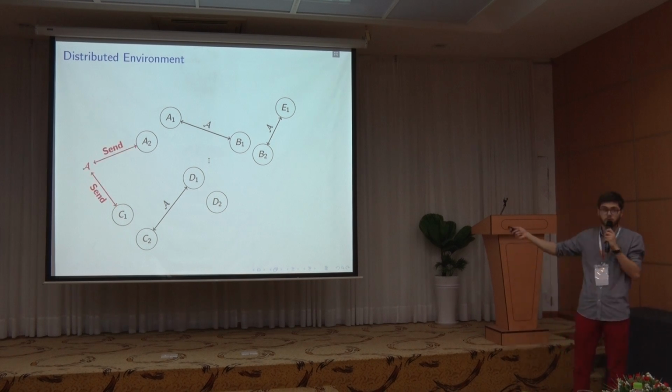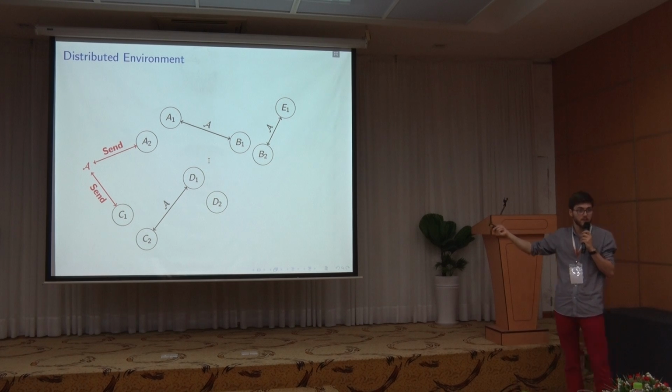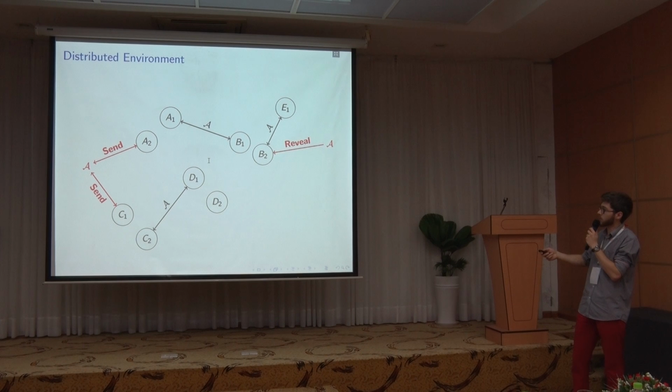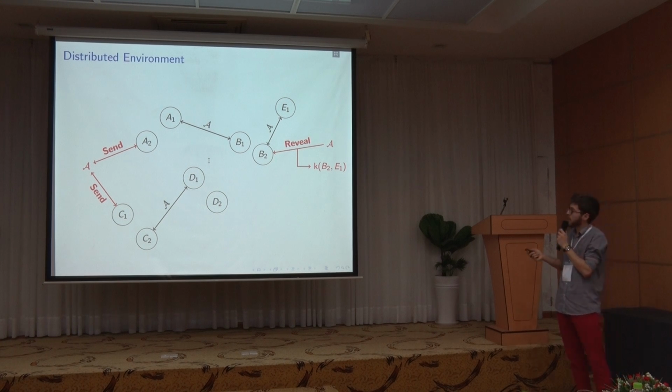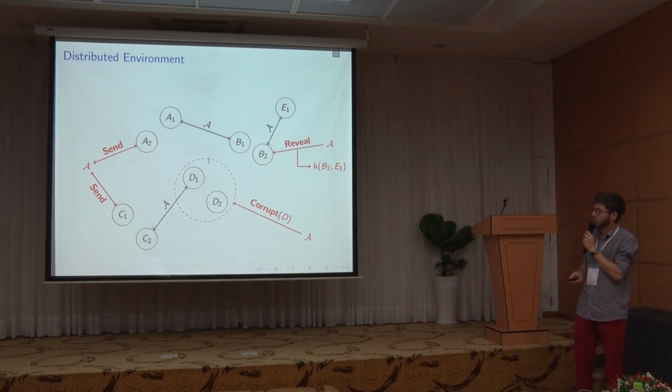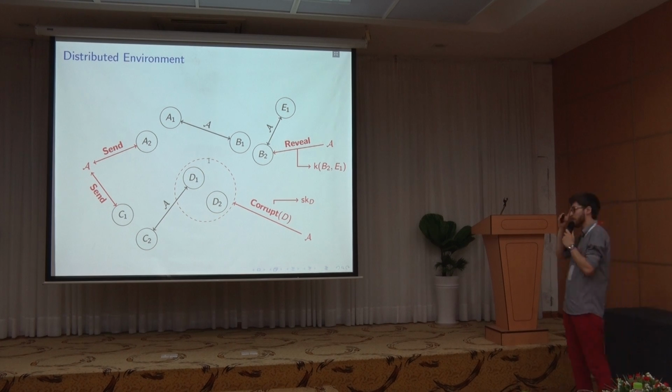But the adversary can choose to send arbitrary messages like this and try and interact in some way. He can also reveal sessions which have derived their keys, and then he can obtain the key from that session. And finally, he can also corrupt entire identities and then reveal the secret key. And so he can decrypt, he can forge signatures from that point onwards.